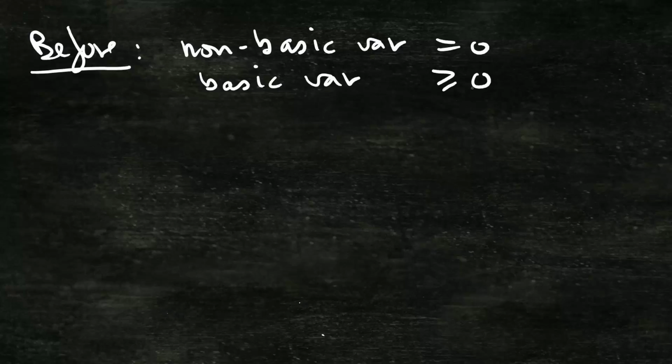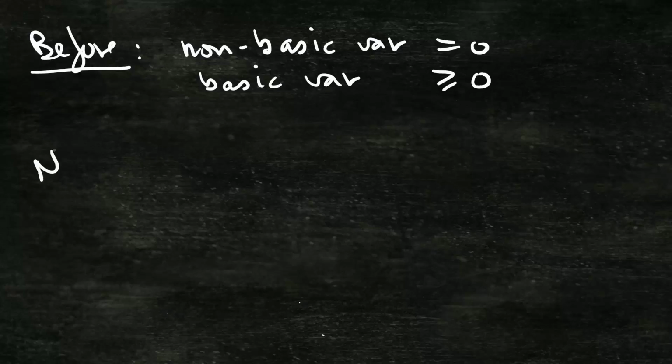So before, a non-basic variable is always equal to 0, and a basic variable, to allow for degenerate solutions, is greater or equal to 0. Most of the time it's positive, but we do occasionally encounter a basic variable that is 0. As mentioned just before, in network simplex, degenerate solutions are pervasive.